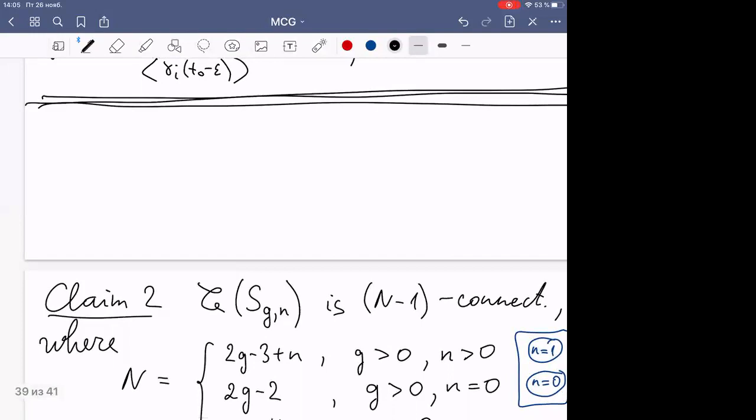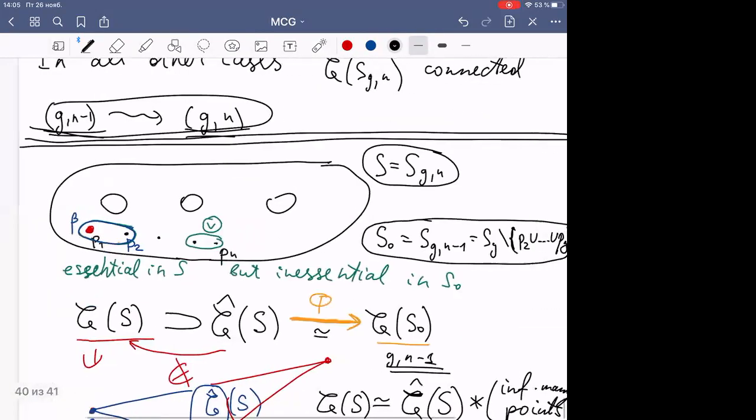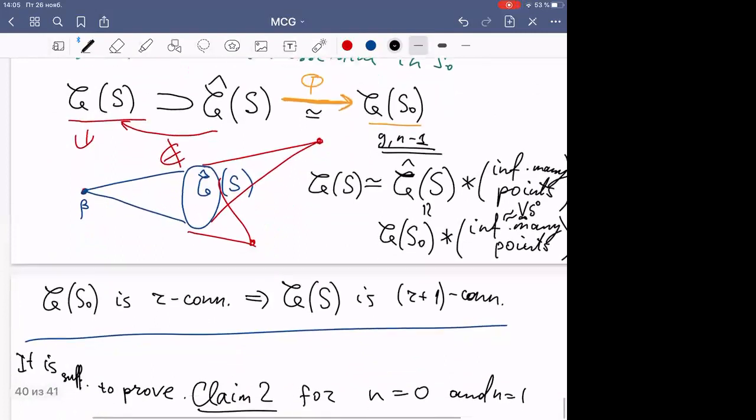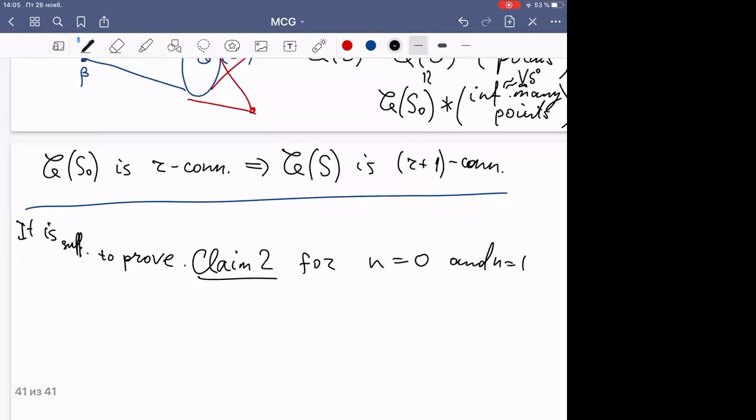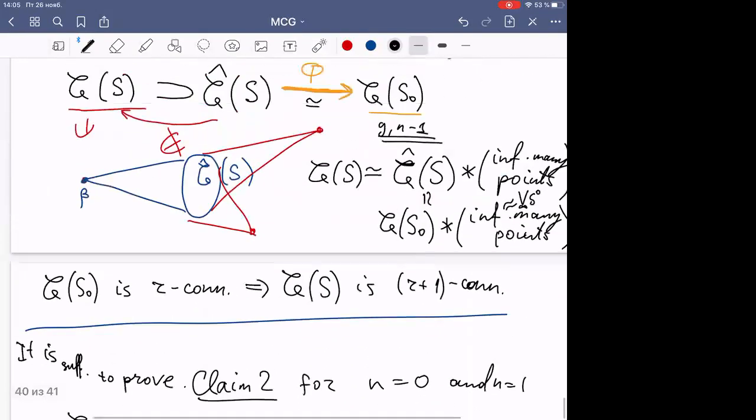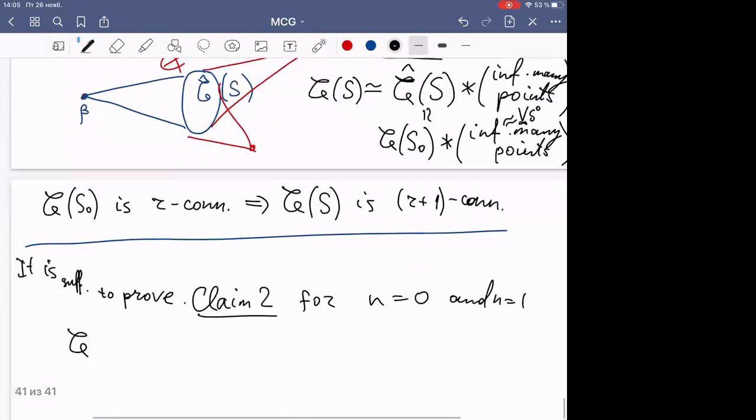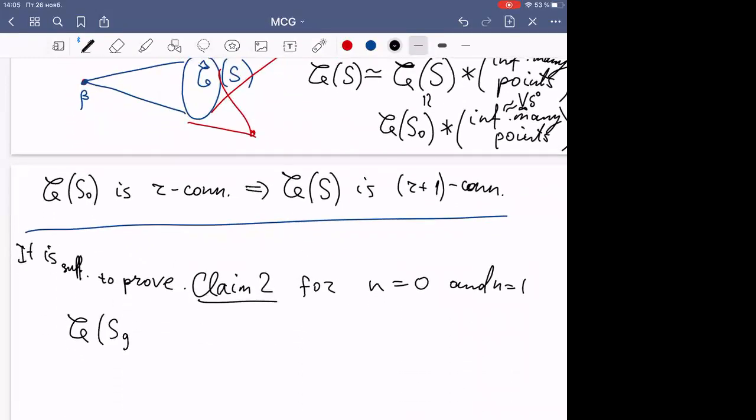But look, if n equals 0 and n equals 1, then here we have the same number 2g minus 2. And besides, in the situation when n equals 1, this c hat just coincides with the usual curve complex. So we have already said this, that we have this homotopy equivalence.